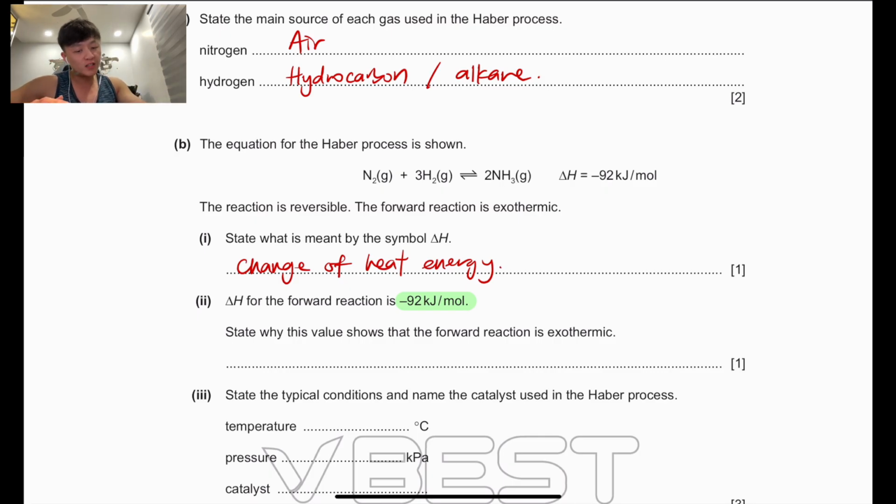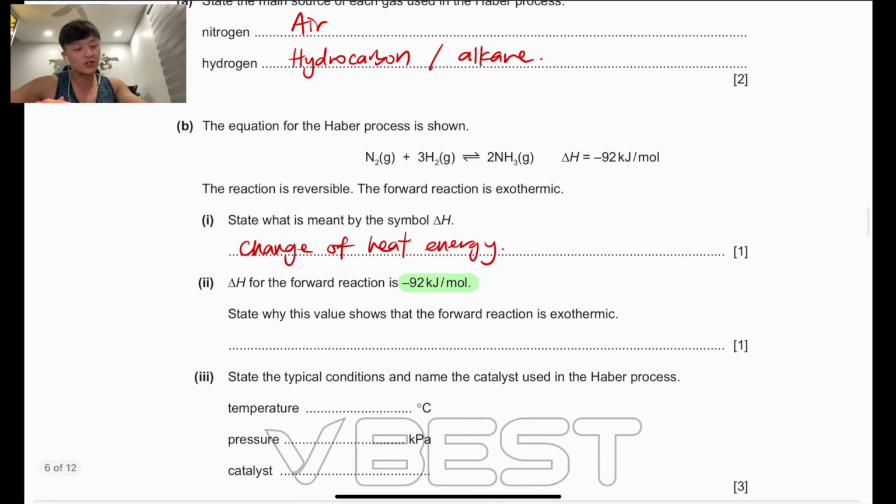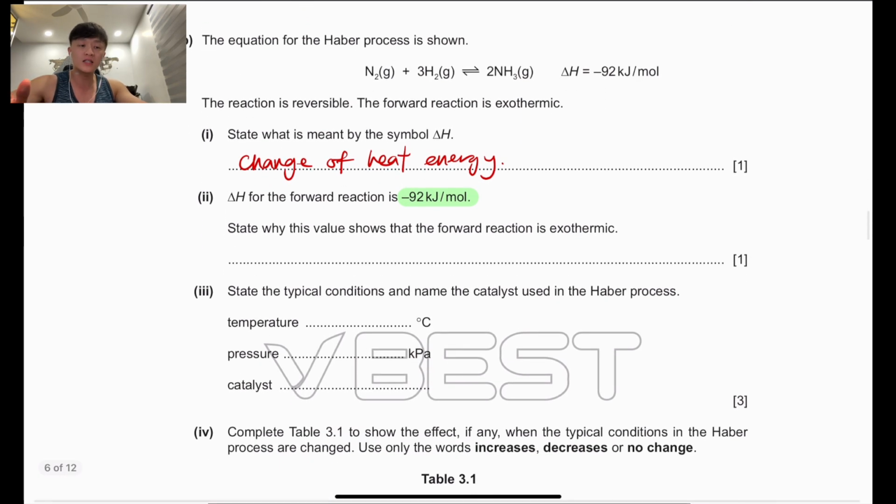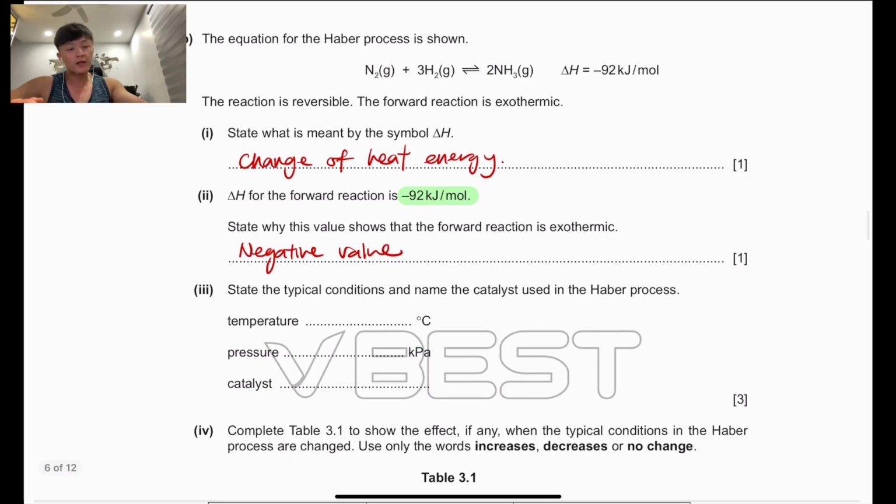So state why this value shows that the forward reaction is exothermic. Because it is a negative value. Negative means exothermic, positive means endothermic. Followed by the conditions needed for the Haber process: temperature 450 degrees Celsius, pressure 200, catalyst iron.